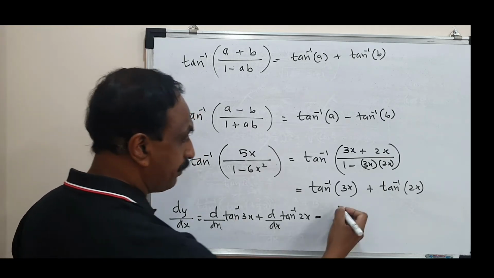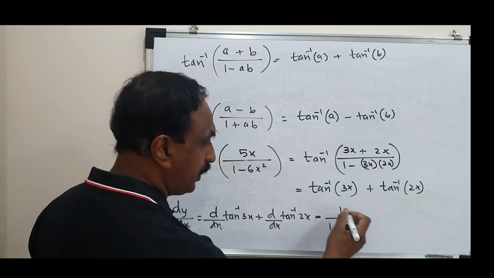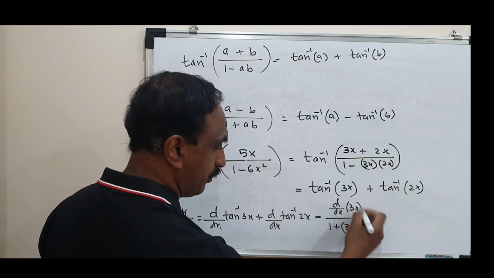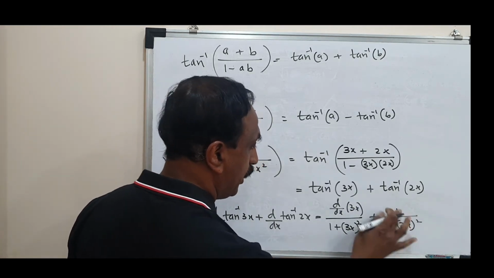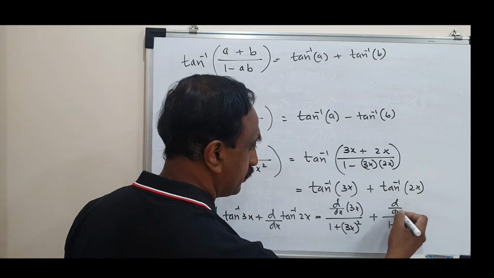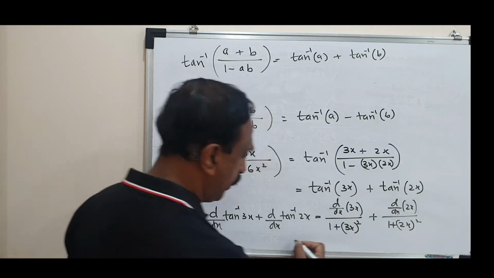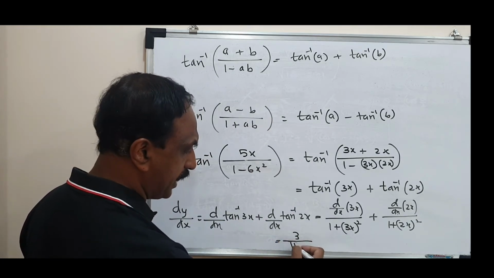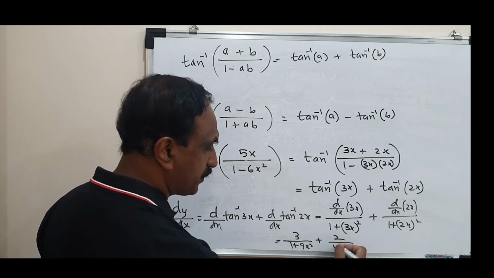So your answer became 1 upon 1 plus 3x the whole square into derivative of 3x, plus 1 upon 1 plus 2x the whole square into derivative of 2x. So naturally this will become 3 upon 1 plus 9x square plus 2 upon 1 plus 4x square.